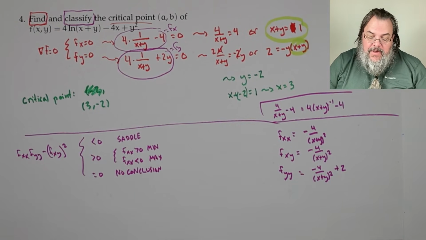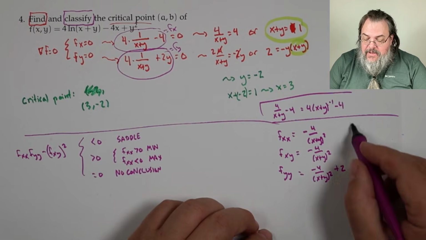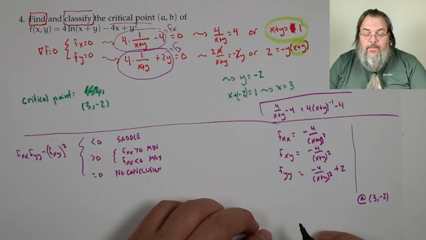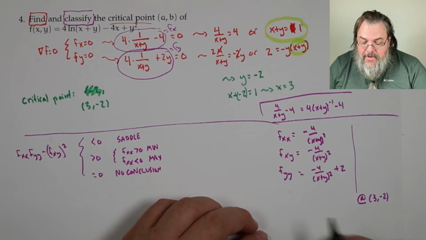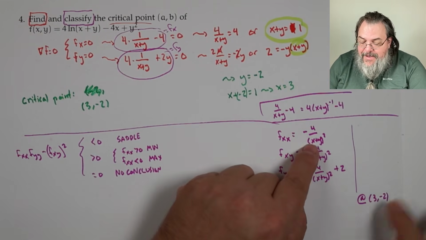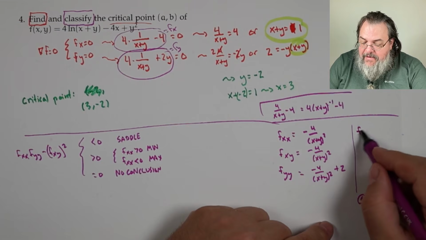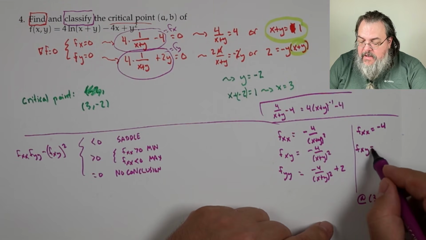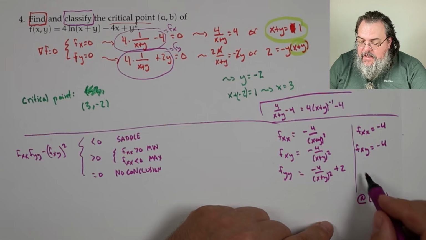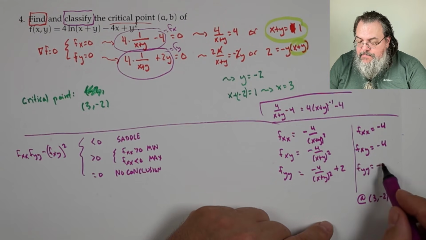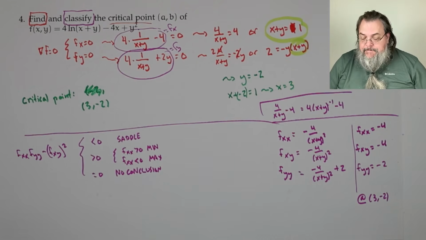Now, at your critical point, x equals 3, y equals negative 2, what happens? Well, x plus y is 1, so we get fxx is negative 4, fxy is negative 4, and fyy is negative 4 plus 2. Okay?